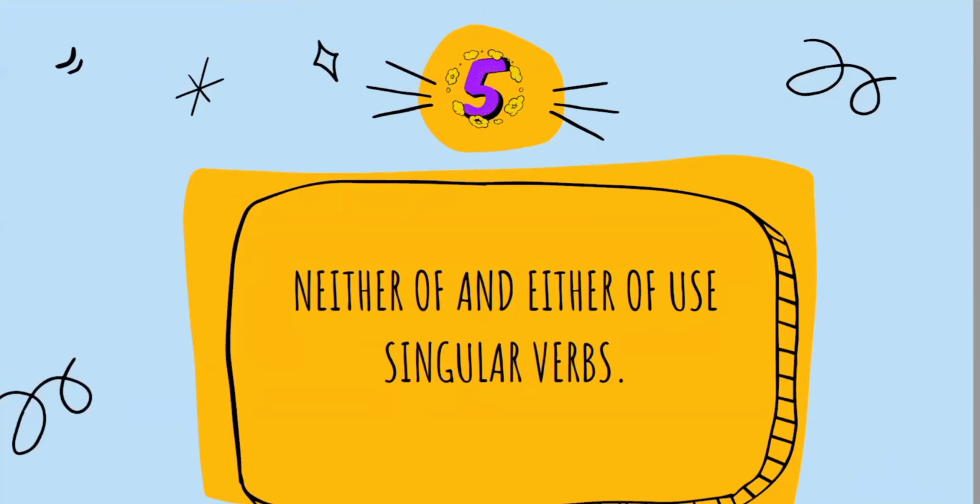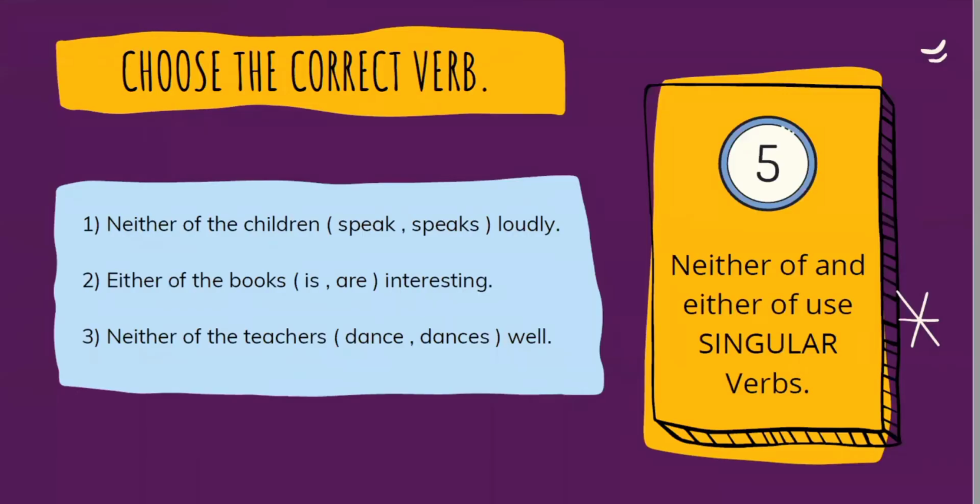Number 5. Neither of and either of use singular verbs. Neither of the children speaks loudly. Number 2. Either of the books is interesting. This can be rather tricky because we see books before the verb.